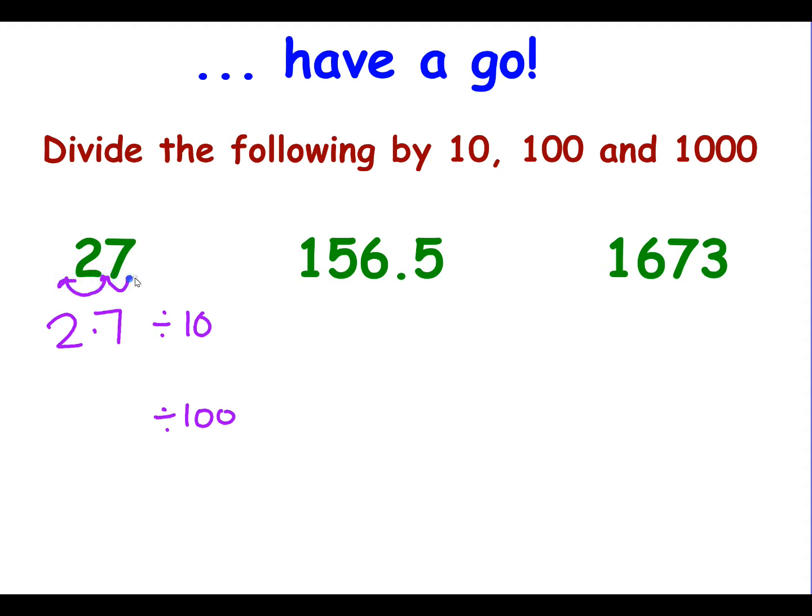So 27 with a decimal point here, 1, 2 places to the left, it becomes 0.27. When we divide by 1,000, then with our decimal point here, we have to move it 3 places to the left. So 1, 2, 3, so my decimal point is there, and I have a hook with nothing in, so we put a 0 in. So it's 0.027.